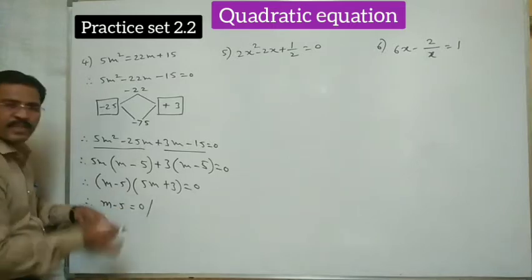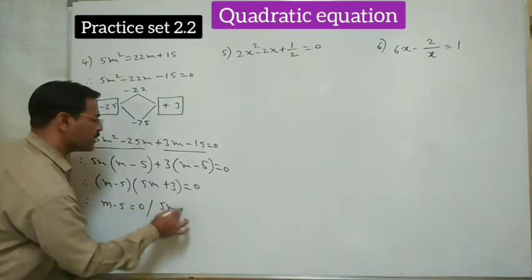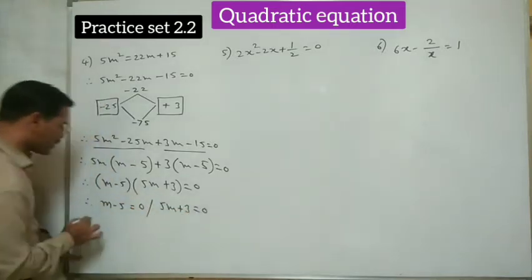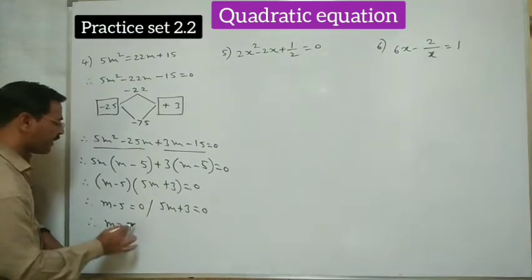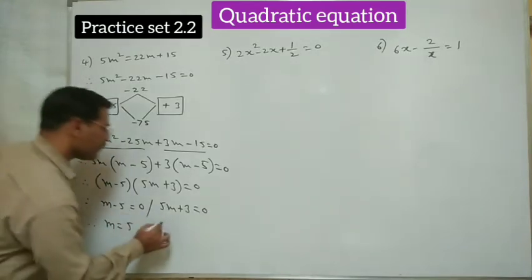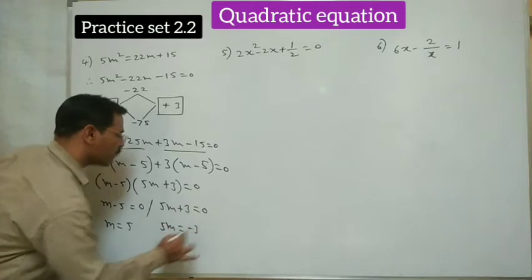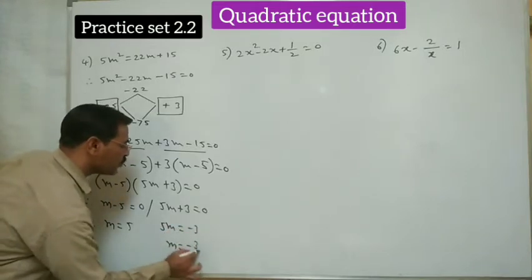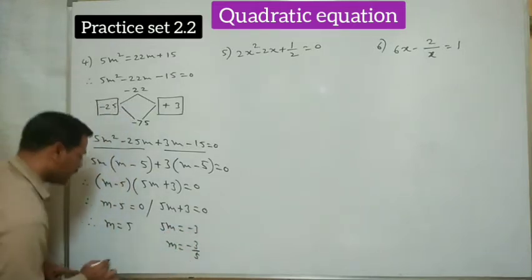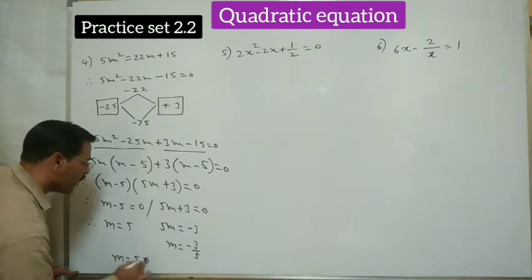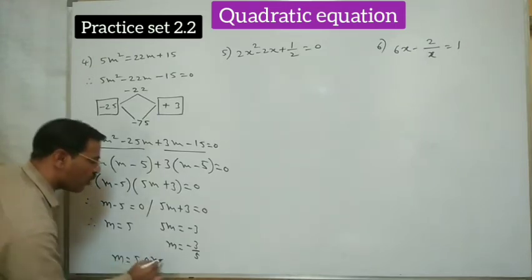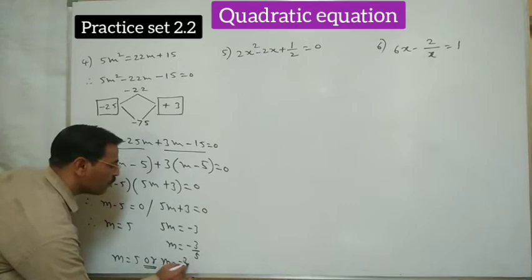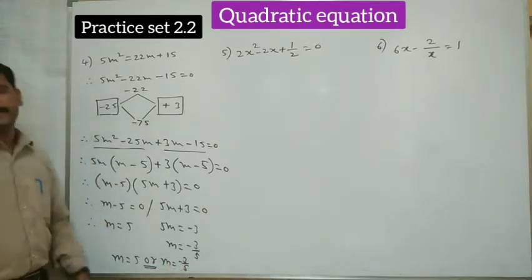The first may be 0, the second may be 0. Now just simplify and find the value of the variable. Here also 5m is equal to minus 3 and m is equal to minus 3 by 5. Therefore, the solution is m equal to 5 or m equal to minus 3 by 5, like this.